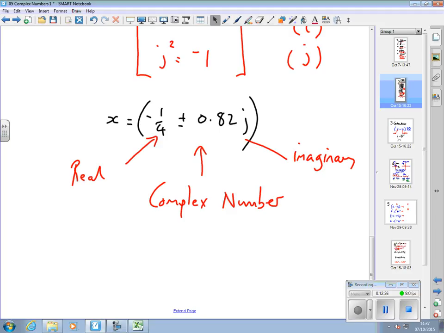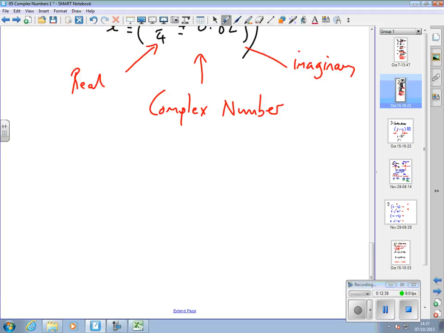What we do is we use our coordinate system, the rectangular coordinate system, which we looked at already, but instead of calling this the x-axis, we put the real part of the number along that axis. So we put the quarter along here somewhere, and we put the imaginary part of the number on here.